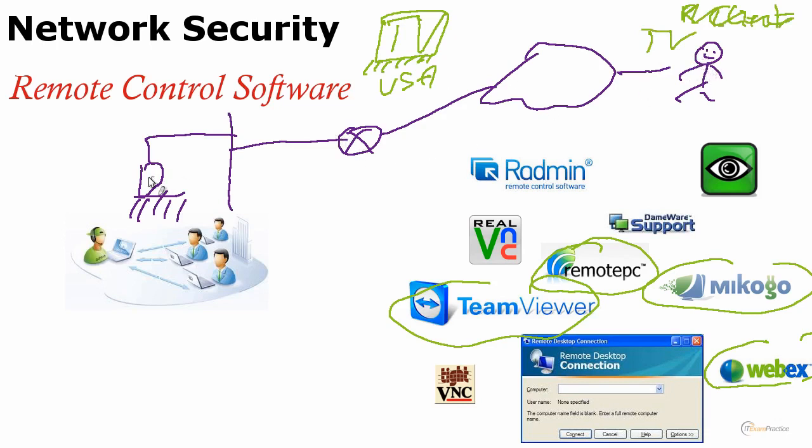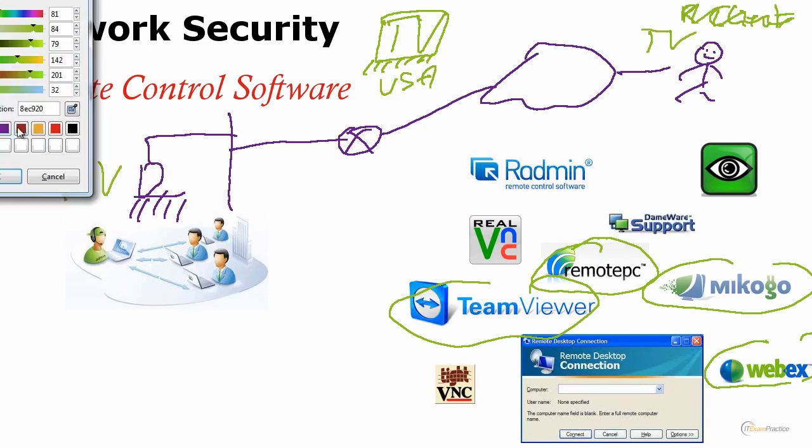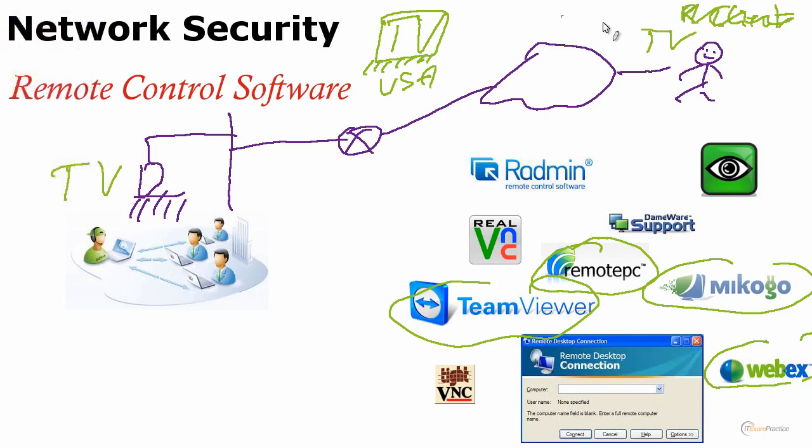Then there is TeamViewer running on the server as well. And the way it works is like that. TeamViewer from your PC will go to the server somewhere in the world, you don't really know where, and this server will connect to that guy. This session will be encrypted as well, of course.